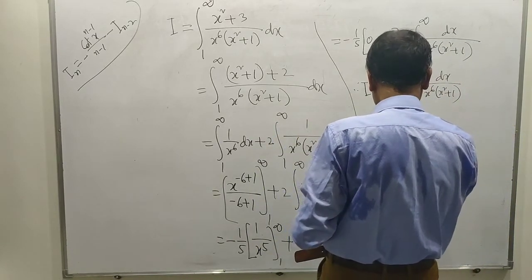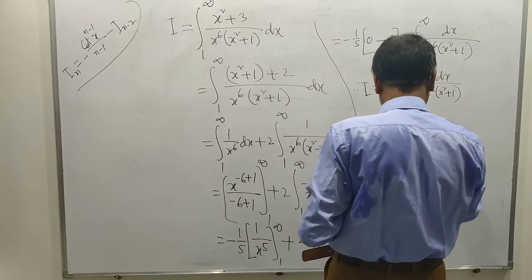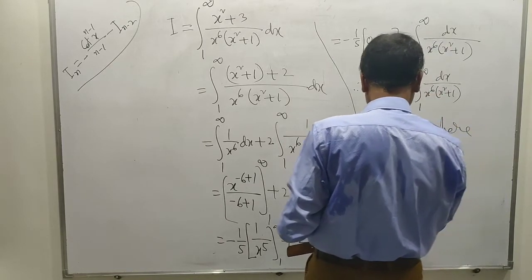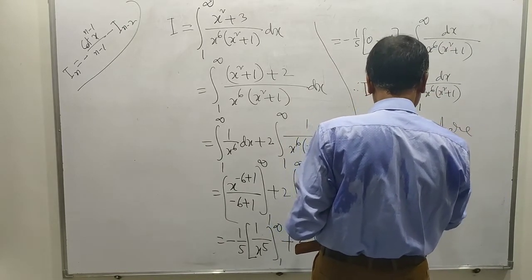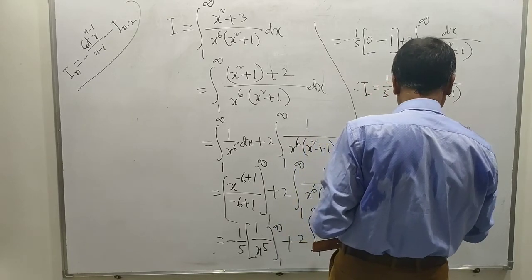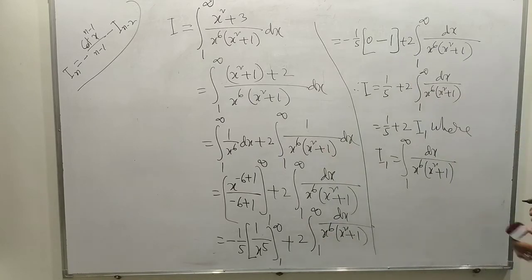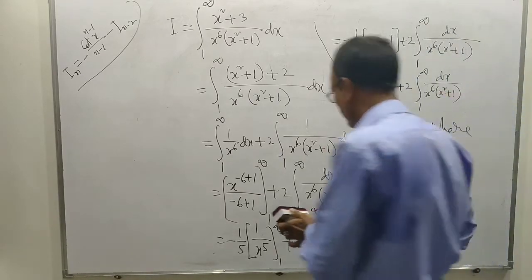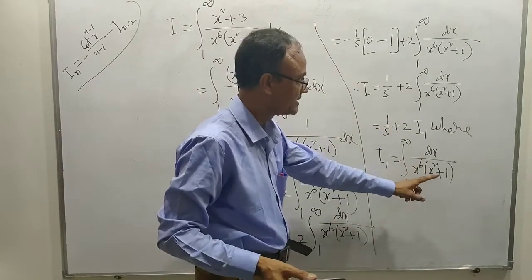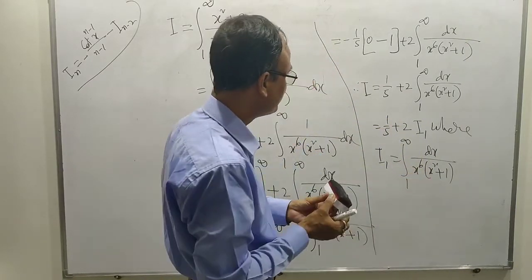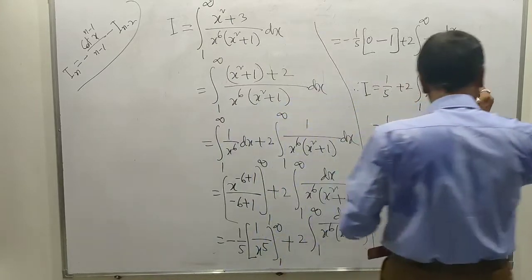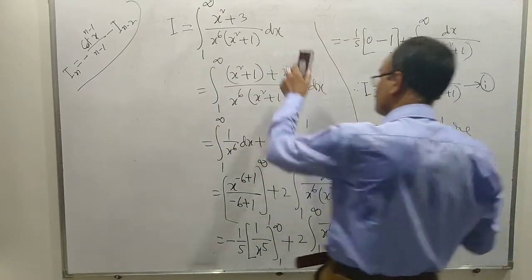This is equal to 1 by 5 plus 2 times I1, where I1 equals integration 1 to infinity dx divided by x to the power 6 into x square plus 1. Now we shall find this integral. Suppose this is number 1.